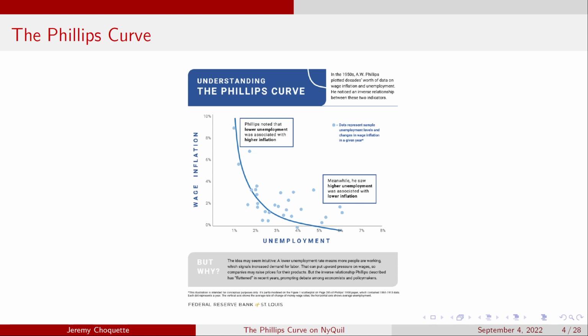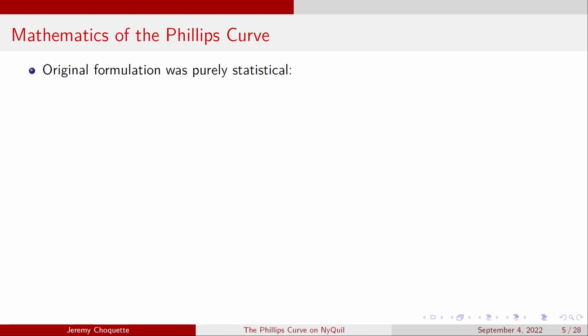Now, I would like to say that this is purely a statistical finding. All Phillips really found was just raw correlation. These two variables were correlated. And the original form that he estimated was not too unlike what we have right here, that inflation is a function of deviations of the unemployment rate from this natural rate of unemployment.